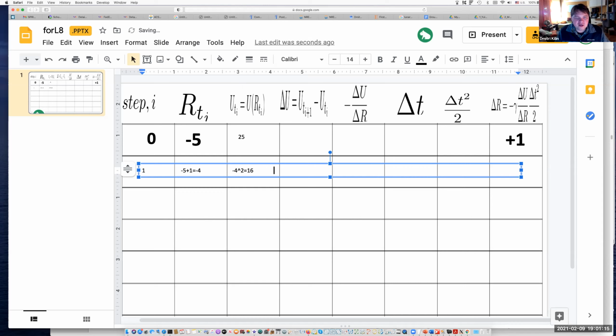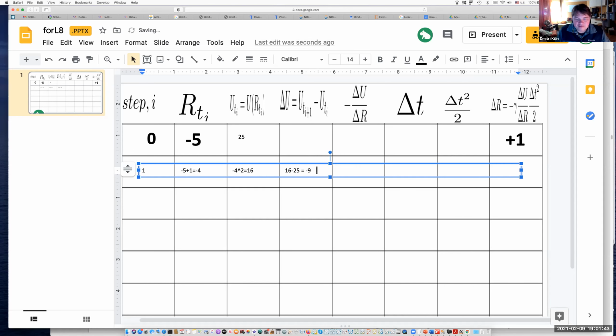Now I subtract these two numbers. So I subtract 16 minus 25, which will be 9, correct? Now I compute the gradient. 16 minus 25 will be minus.